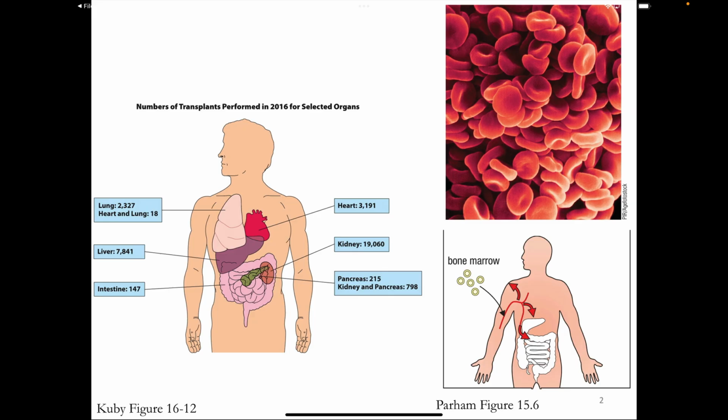You can see that the most frequently transplanted solid organ is a kidney, mostly because we have 2 of them, so you can get them from living donors. You can also see that there are sometimes transplants of heart, lung, intestine, pancreas. This doesn't show cornea, but cornea could be on here as well.